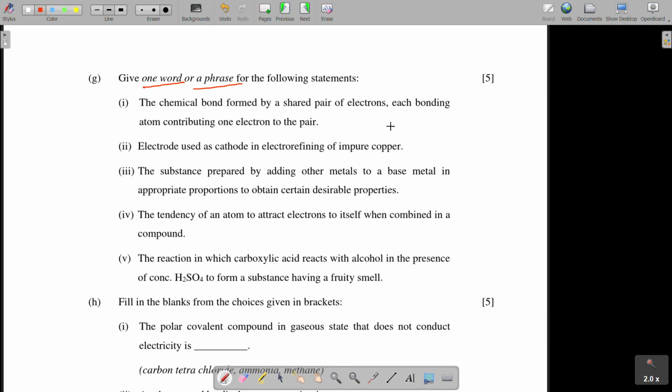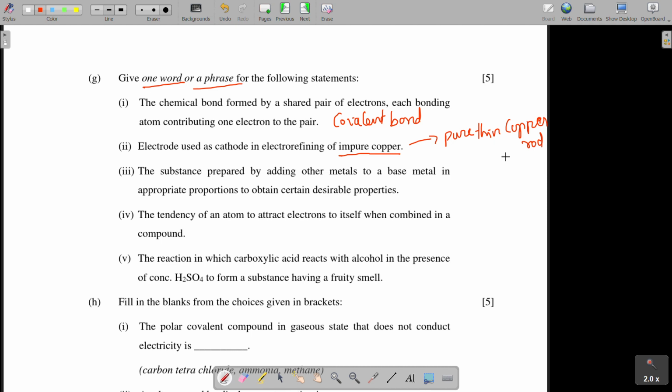Very simple question. So it is mutual sharing of electrons. Sharing of electrons is a covalent bond. Okay. Electrode used as cathode in electro refining of impure copper. Always the cathode will be the pure one, the impure one will be the anode, because the metal will come and deposit on the cathode. So the cathode will be a pure thin copper rod or copper strip, whatever you can write.